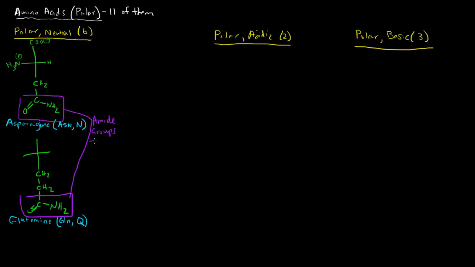Those groups are not ionizable. They cannot be turned into ions. They cannot be protonated or deprotonated at all. Okay, it's important to keep that in mind for those two. Okay, so let's draw a few more of the polar neutral ones.